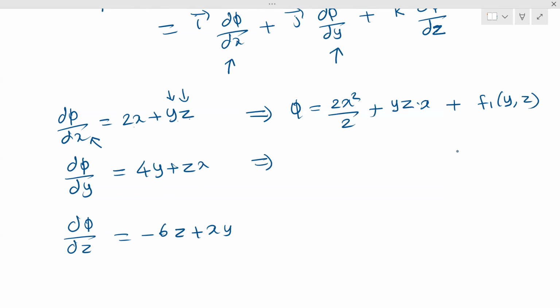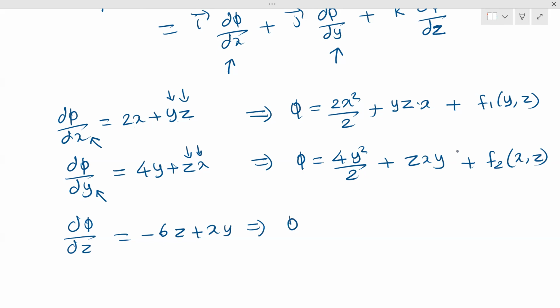For the second one, we do integration with respect to y. So treat z and x as constant. So first term integration 4y square by 2 plus zxy. Here we are treating a constant f2 of x and z.